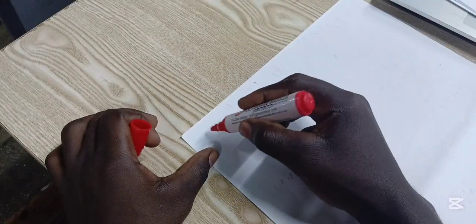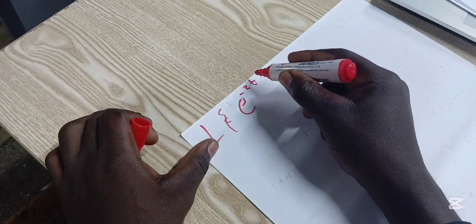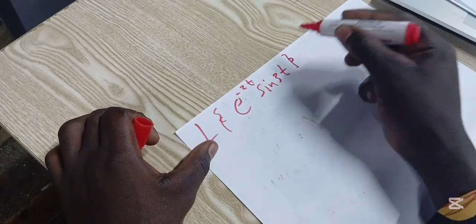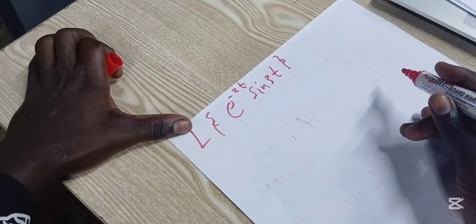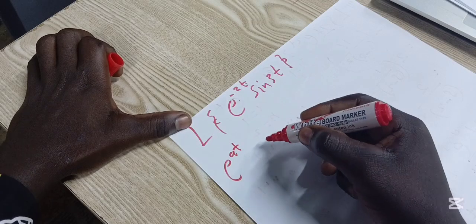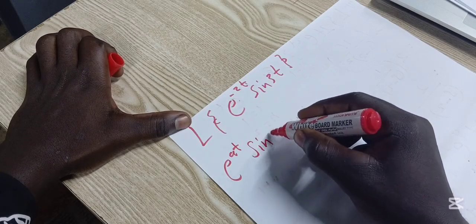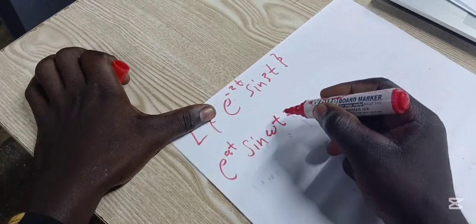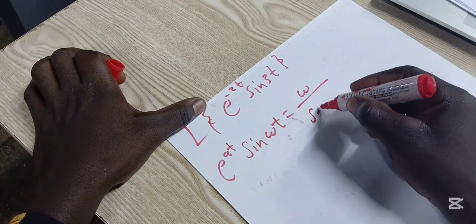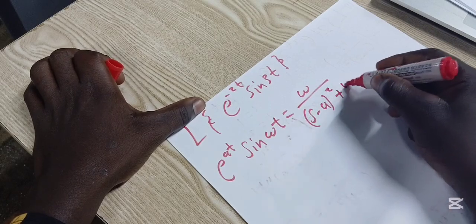Find the Laplace transform for e to the power negative 2t sine 3t. We know that the Laplace transform of the form e to the power at sine wt is going to give us w all over s minus a squared plus w squared.